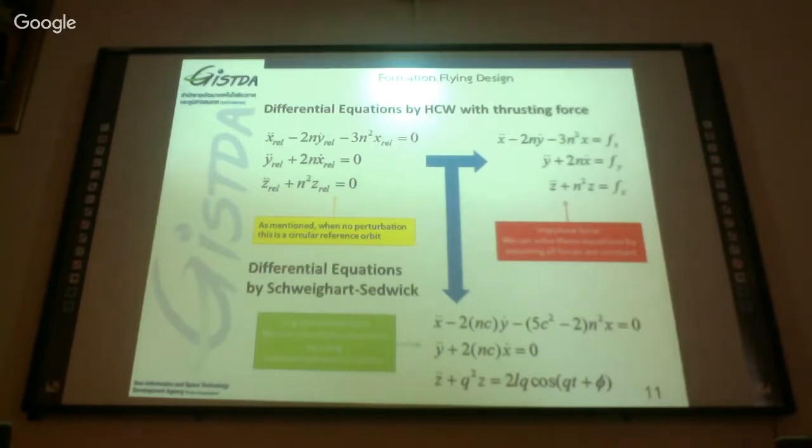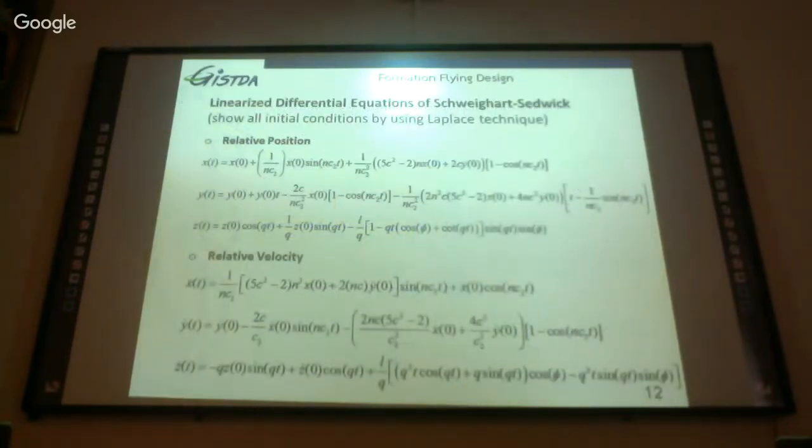So we have many ways to get the linear solution. And another one I got by using the Laplace technique. Using the Laplace operator, I can get the relative position and relative velocity. The relative velocity is very useful for the delta V requirement, to estimate the thrust to adjust the orbit between two satellites to keep the formation fine.